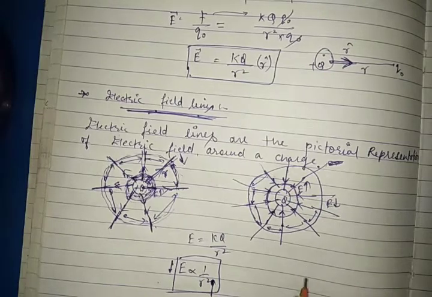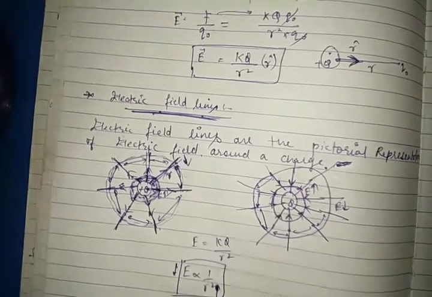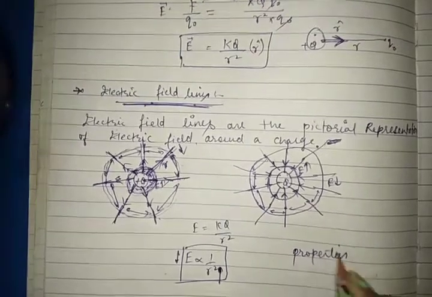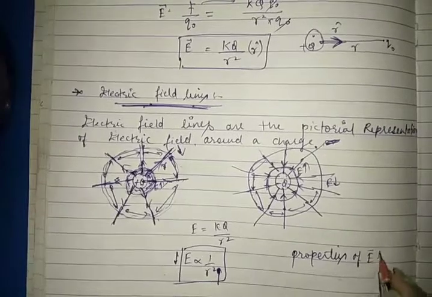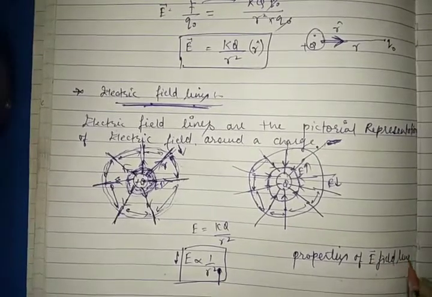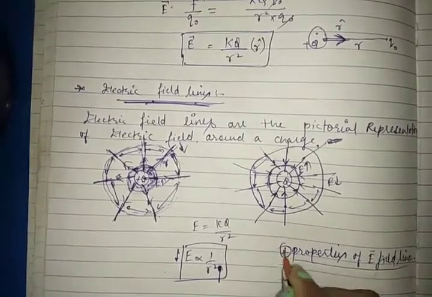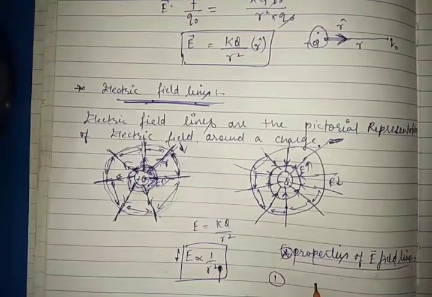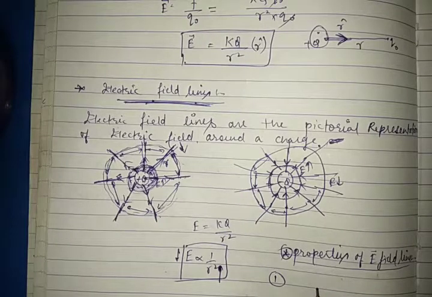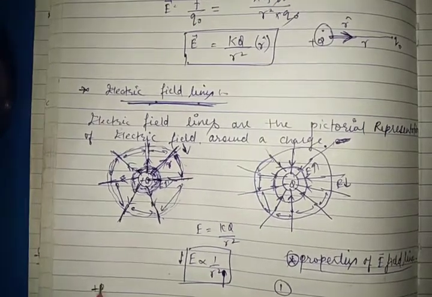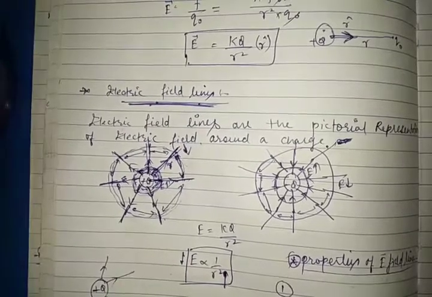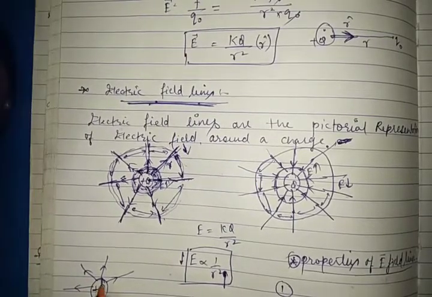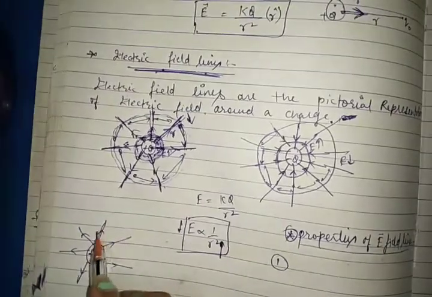Now the properties of electric field lines. Keep the heading: properties of electric field lines. Electric field lines always start from the positive charge and end at the negative charge. As you can see here, the plus q charge always generates electric field radially outward, so from the plus q charge electric field lines are generated.